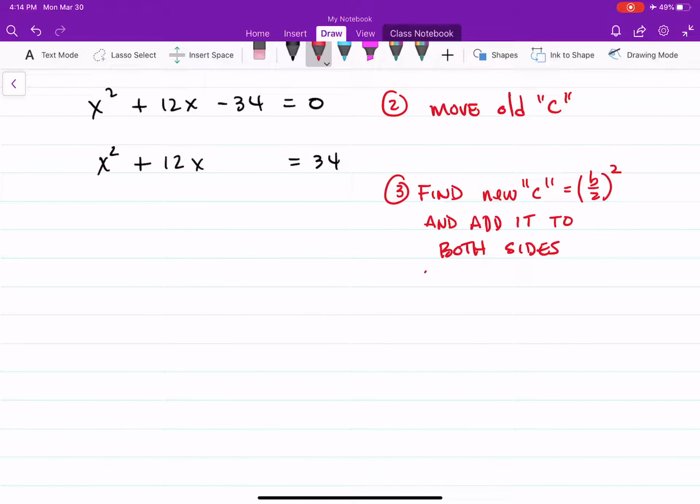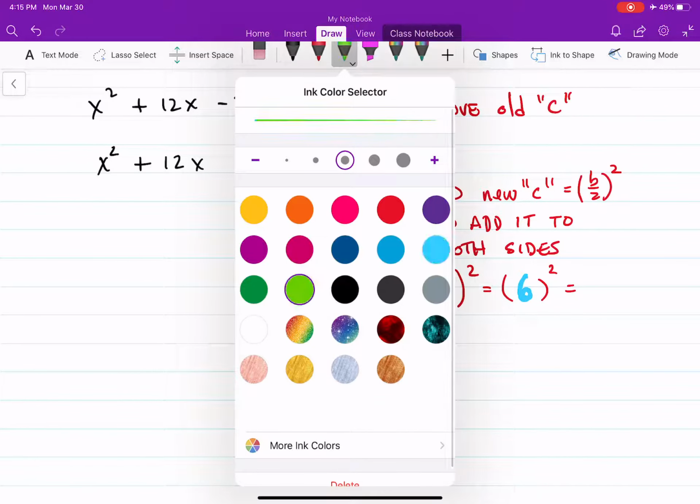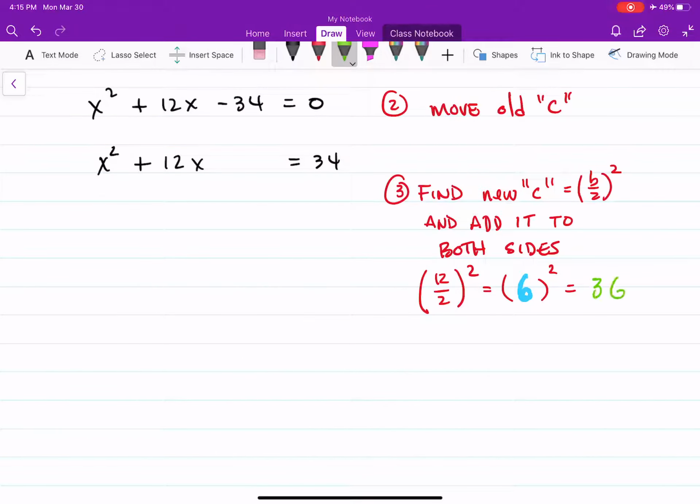So my b is 12 divided by 2 squared. So 12 divided by 2 is 6, which is equal to 36. All right. So I'm going to add 36 to both sides.